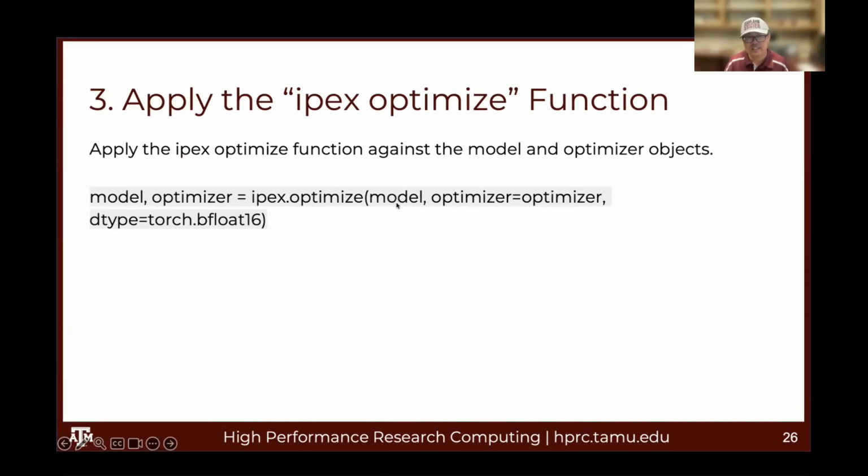For example, here are the arguments IPEX optimize takes. It will take your model and your optimizer. And here we use the data type bfloat16. And actually, it also supports FP32. You can try out the bfloat16 here, and after the class, you can try the FP32 as well.